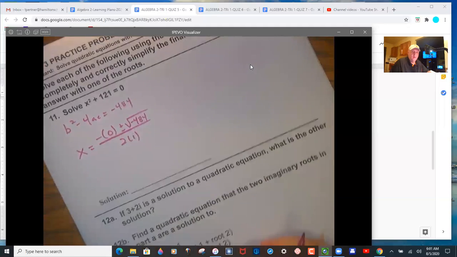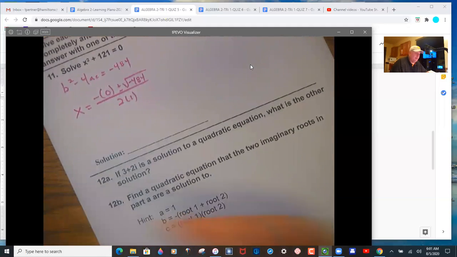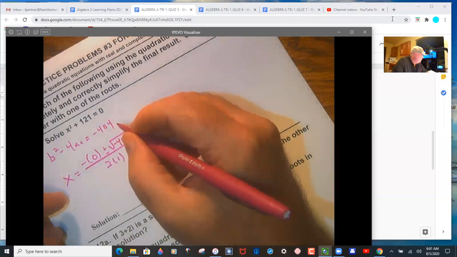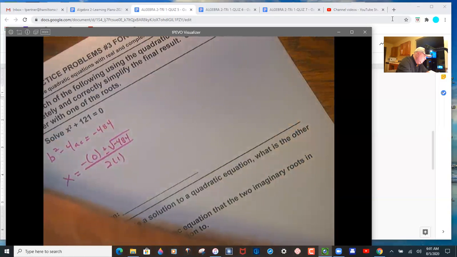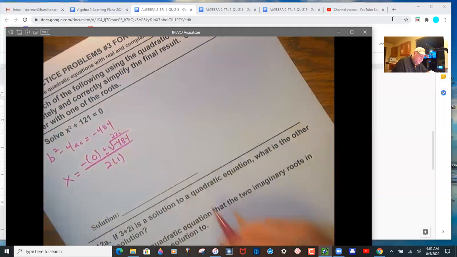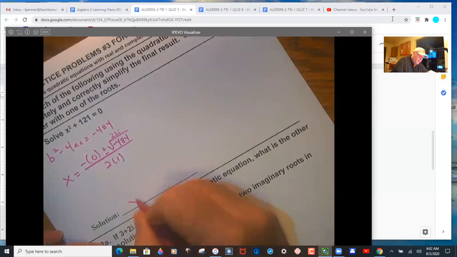So 484 reduces perfectly, but that doesn't matter because of the negative. So this reduces to 11, or I'm sorry, I think 22. Pretty sure 22. Yes. So plus and minus 22i. So write that right above it over 2. So it's plus and minus 11i.